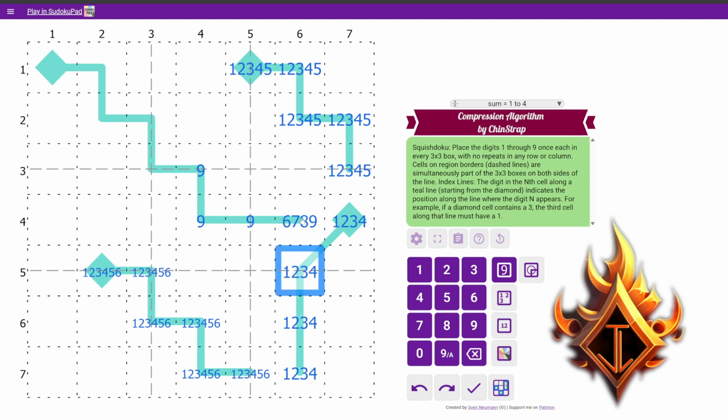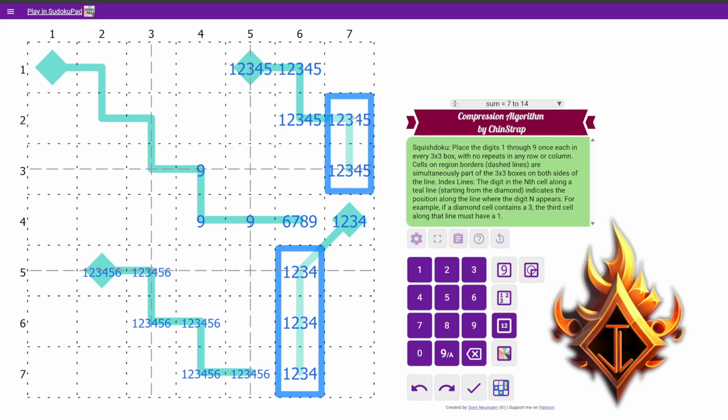Because two of these numbers will be here, and one will be here.